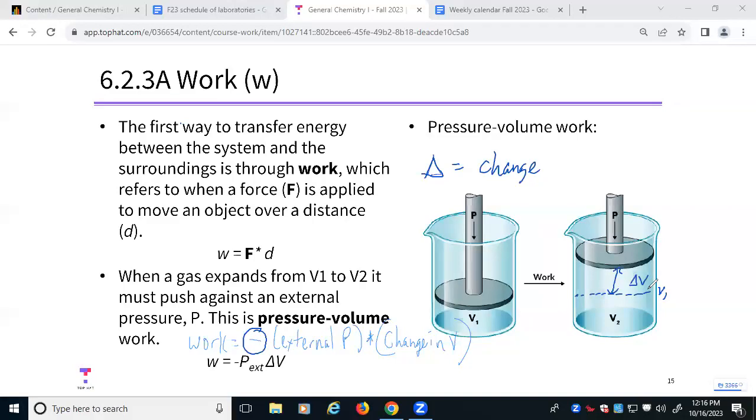But remember, if the system outputs any kind of energy, that shows up as a negative value. And so that's why the negative is there. The negative is there to show that when the PV work expands the container, it's being shown as work done by the system as opposed to on the system.